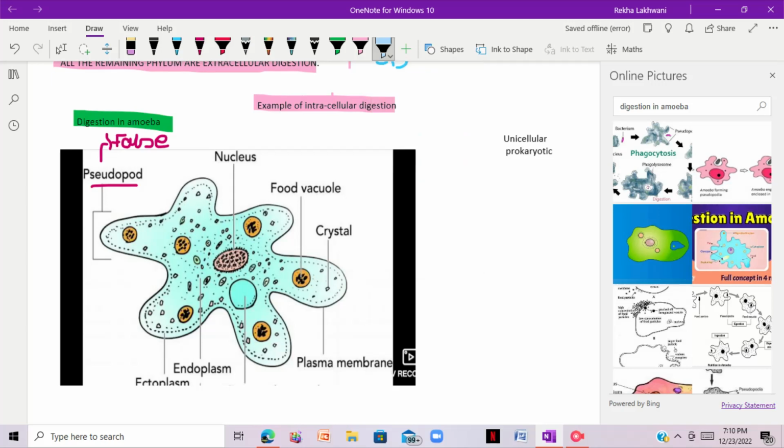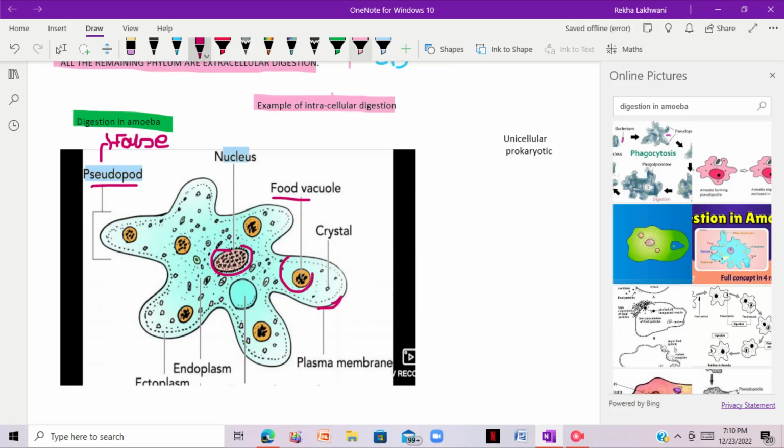Actually, Golgi bodies are also present here, and these Golgi bodies make another organelle known as lysosomes.